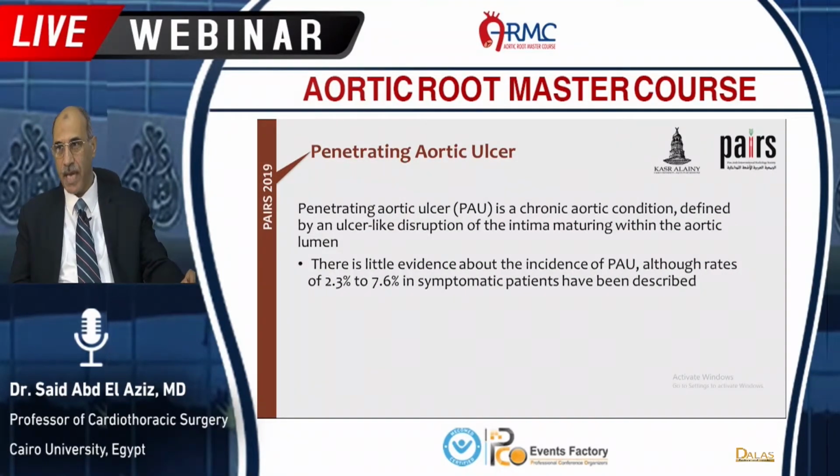What about the penetrating ulcer? The penetrating aortic ulcer is a chronic aortic condition defined by an ulcer-like disruption of the intima penetrating within the aortic wall. There is little evidence about the incidence of penetrating aortic ulcer, although its rate is about 2.3% to 7% in symptomatic patients.